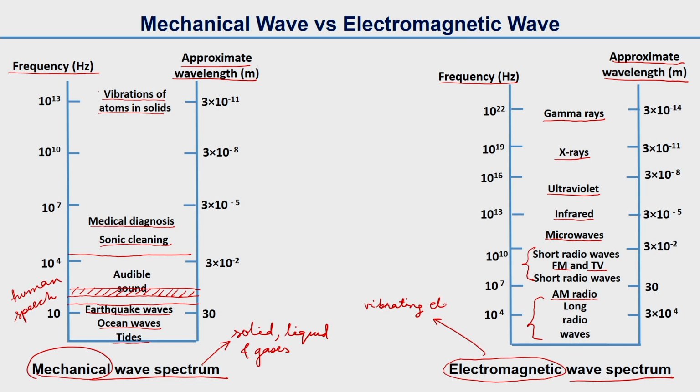That can be an electron, or that can be atoms or molecules which have a net electric charge. So it can be either an electron or an atom or a molecule with a net electric charge.